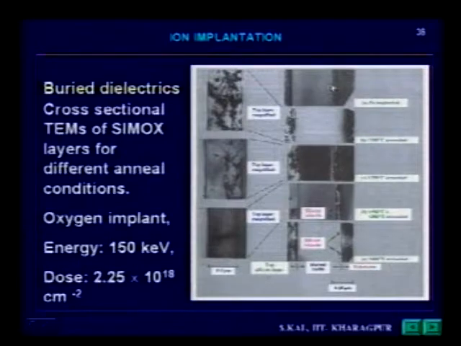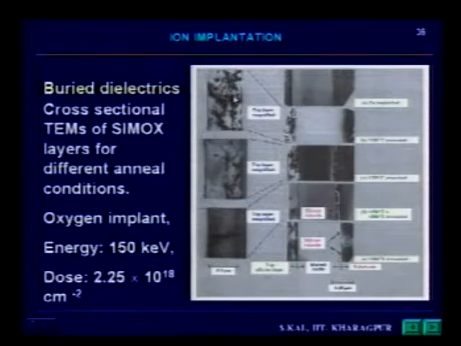This is the implanted layer, and this is again the silicon. This is silicon, this is silicon. And the surface of the silicon is magnified here. You can see on the top layer silicon how many defects there are. A lot of defects.